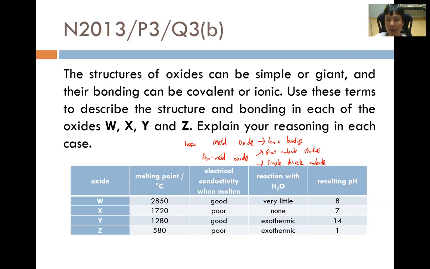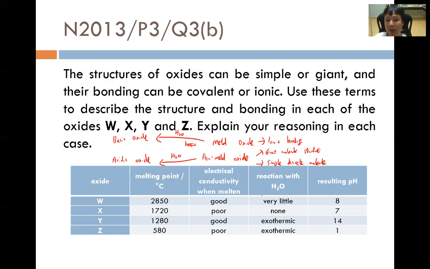The electrical conductivity is good when it's molten, so it's pointing to the fact that it's ionic bonding, because ionic compounds conduct electricity in the molten state but not in the solid state. The reaction with H2O is very little, but I'd like to remind you that when you throw a metal oxide into water, it will form a basic oxide. This is something that is covered in O-level chemistry. But for a non-metal oxide, generally, when you throw it into water, you form an acidic oxide.